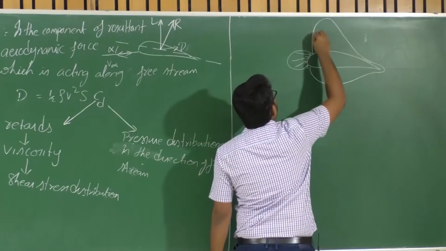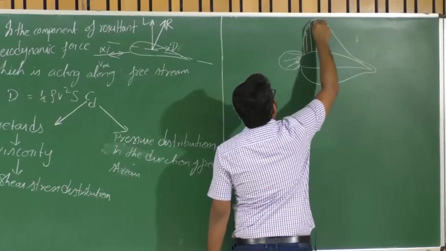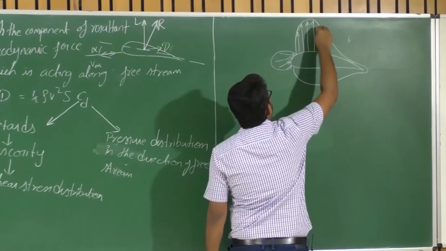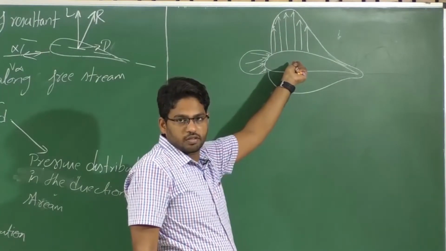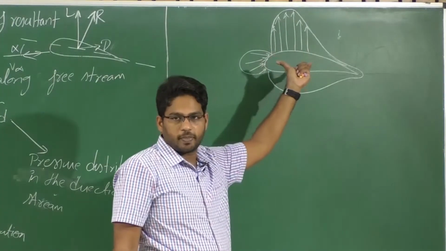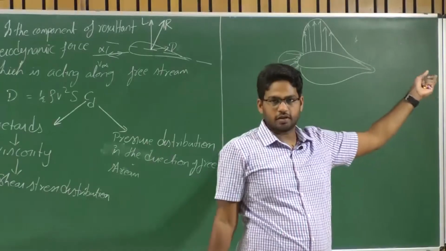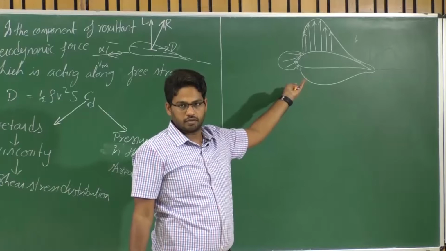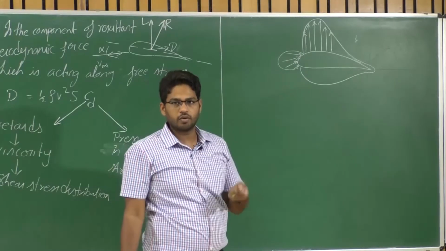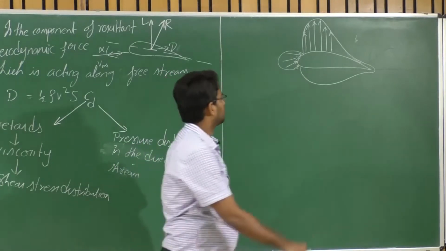So this is the typical pressure distribution. So higher the negative pressure, what do you mean? Higher the negative pressure is a point that corresponds to higher velocity. Am I correct or not? So that point corresponds to a lower pressure point. Higher negative pressure is nothing but lower positive pressure there.